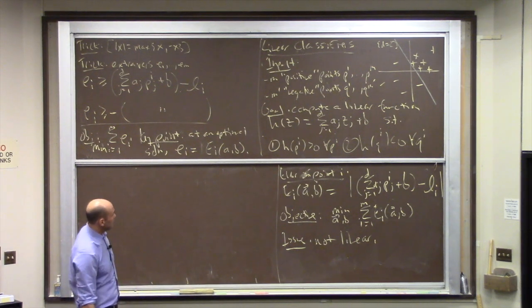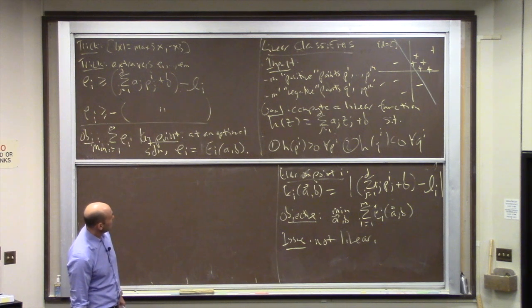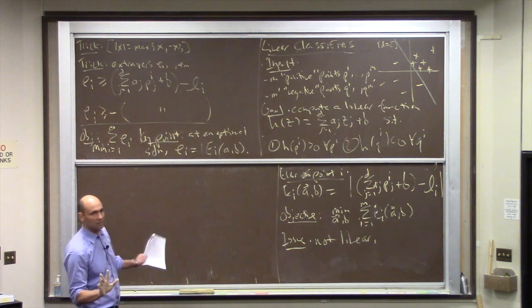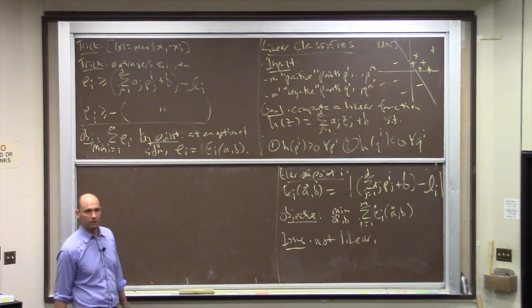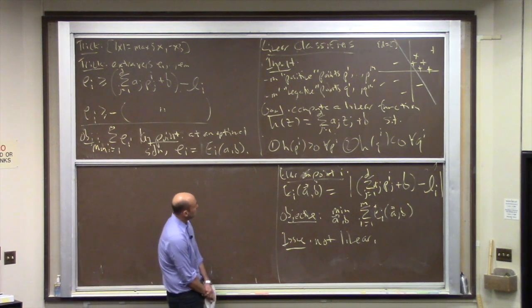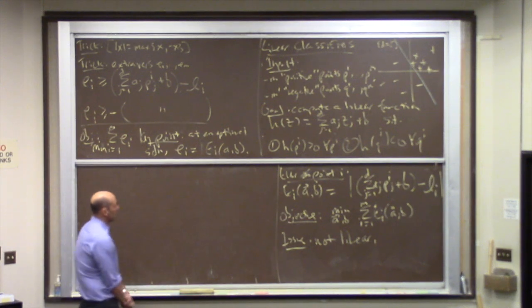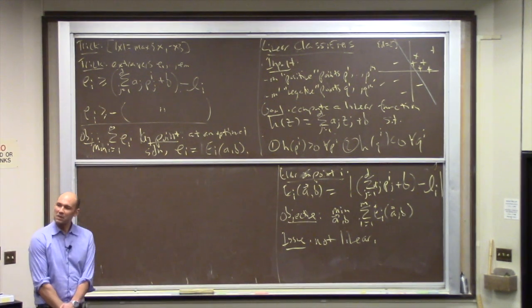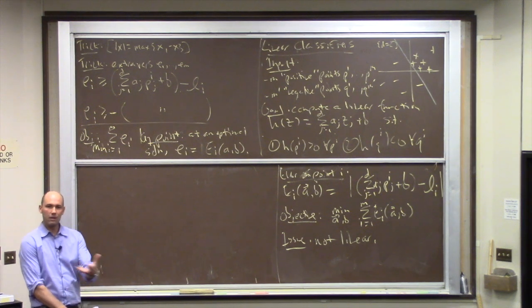So for now, no objective function, okay? Just a feasibility question. Does there or does there not exist such a linear function? And staring at it, it looks really, really close to a linear program already, right? Again, with decision variables a1 through ad and b.